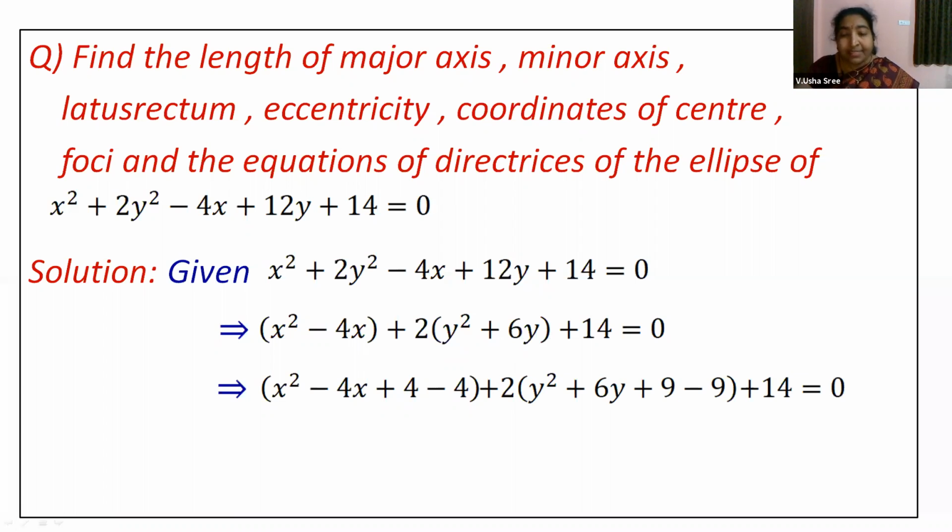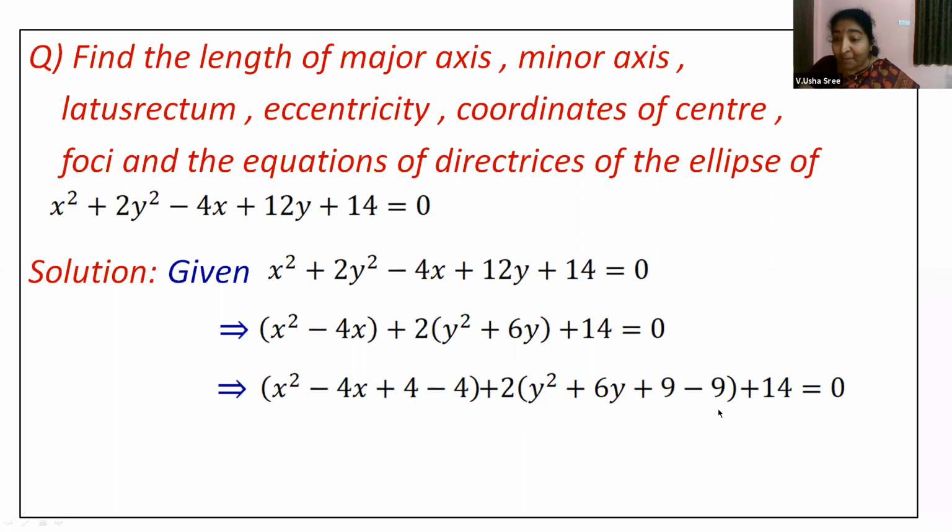Now, x square minus 4x plus 4 can be taken as x minus 2 whole square, and y square plus 6y plus 9 can be taken as y plus 3 whole square. Then what is left here in the first bracket? You are left with minus 4.